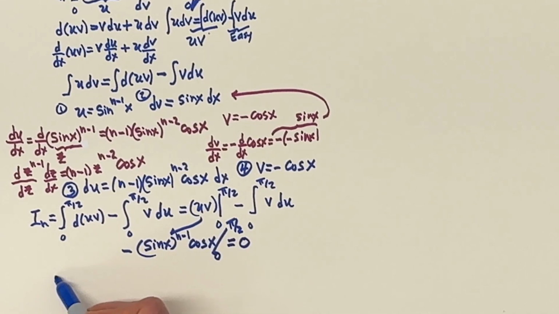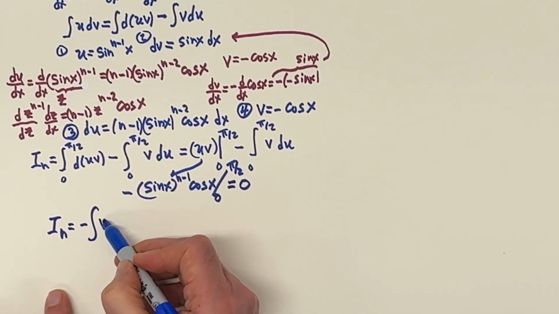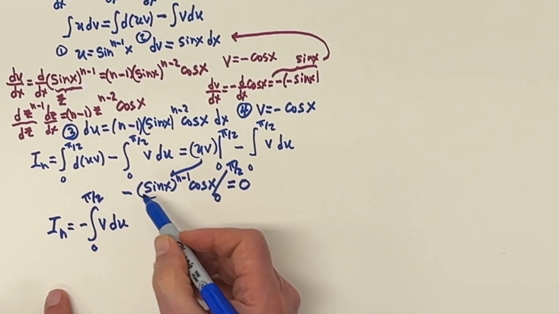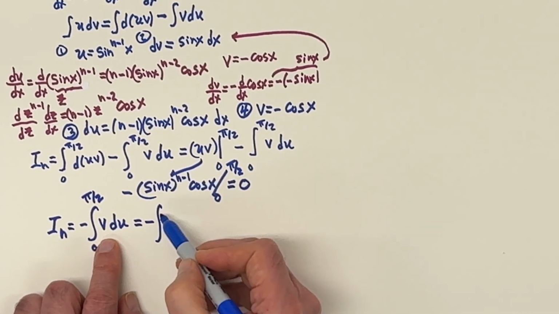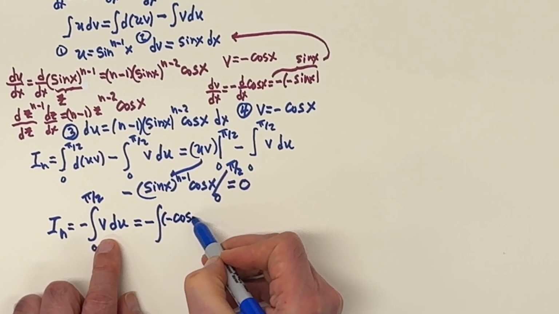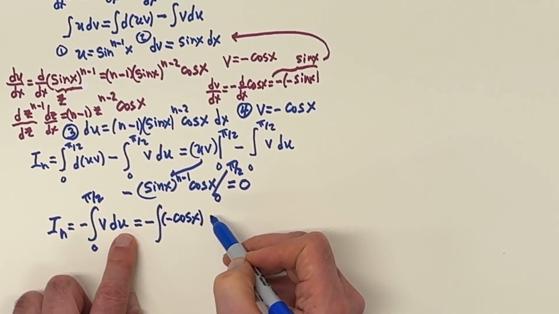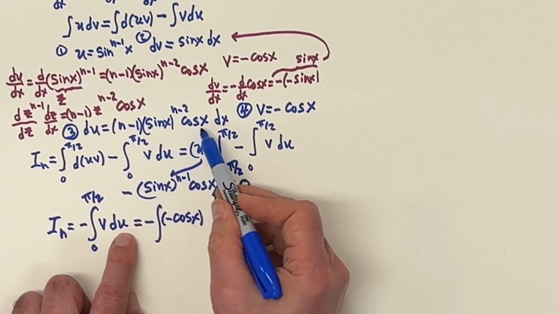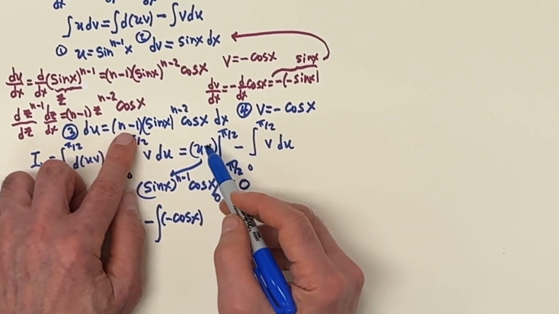So we're simply left with minus v du from 0 to pi over 2. And now we go find what v is. V is minus the cosine of x. And what is du? Well, we have to go up here and find that. Oh, du looks like a lot of stuff here. So we just have to be patient and put all this down.